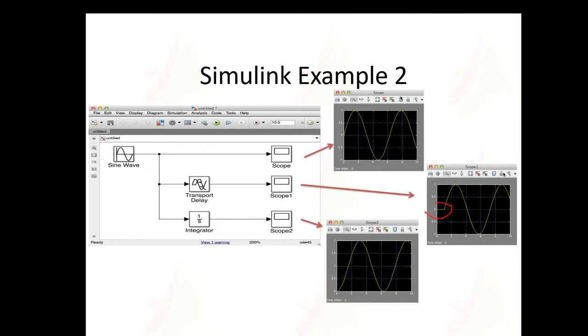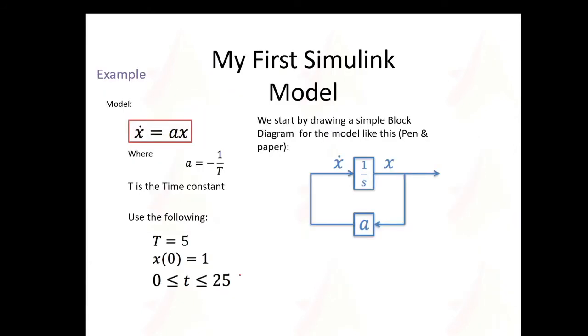How much delay can you give here? If you double click this you can set the delay parameter, and the same sine wave is integrated here. This is the 1 by s form. So this is another example for Simulink. I hope you understand this.